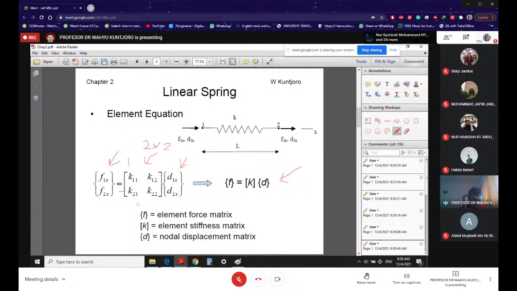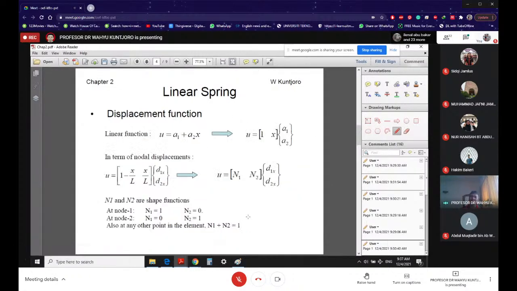As usual, these are the names of the matrices: element force matrix, nodal displacement matrix, and element stiffness matrix. F equal to KD. So now let's derive our element equation. Is there any question so far from you? No.